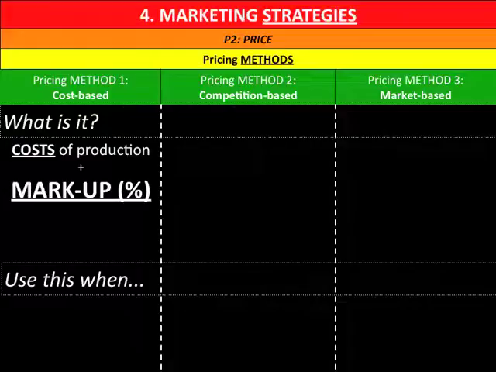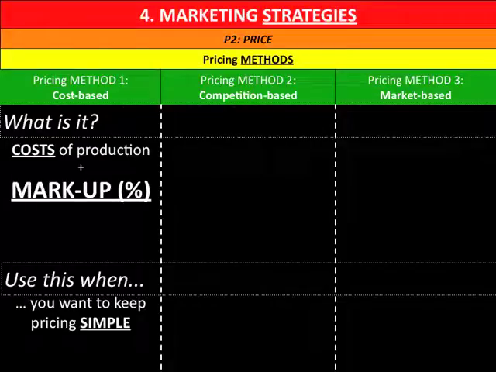Now that makes it really, really straightforward. And you want to use this when you want to keep pricing simple. If you don't want to go through a lot of the trouble of competition-based or market-based, supply and demand and all that. If you just want to go, you know what, it cost us $10 to make it. We're going to sell it for $12 or we're going to sell it for $15 or whatever, because we're going to use 20% markup, 50% markup, whatever. So you use it when you want to keep pricing simple.